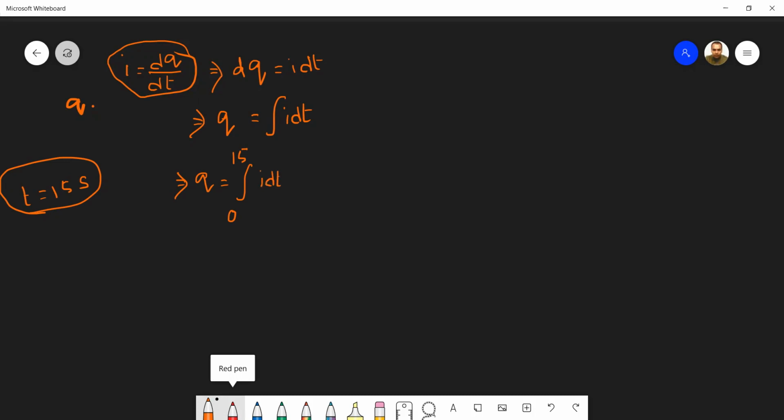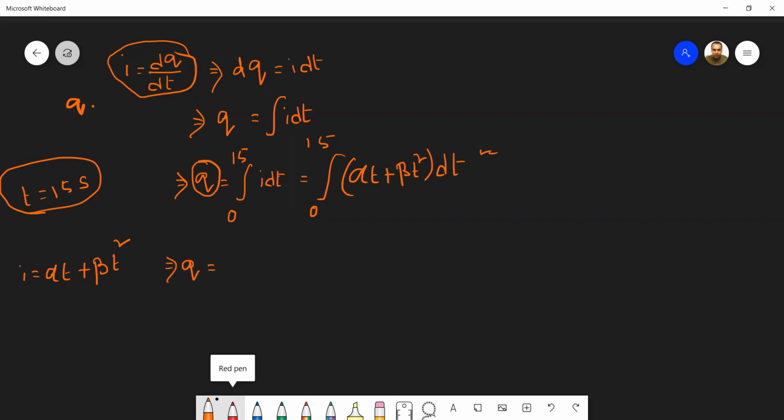The I value is given as alpha t plus beta t square, so Q is the integral of alpha t plus beta t square dt. If we can solve this integration, we can calculate the required amount of charge.